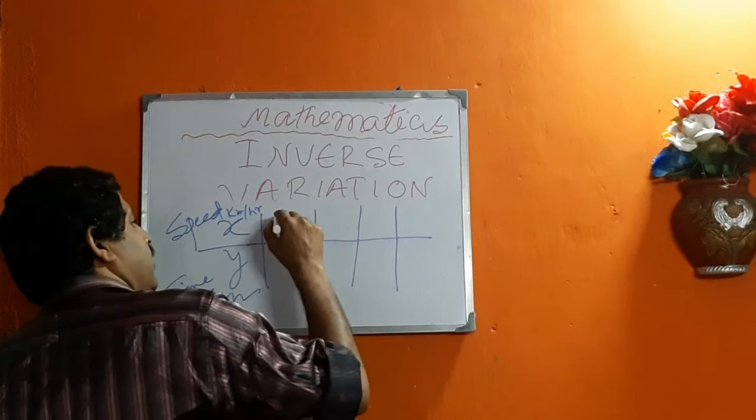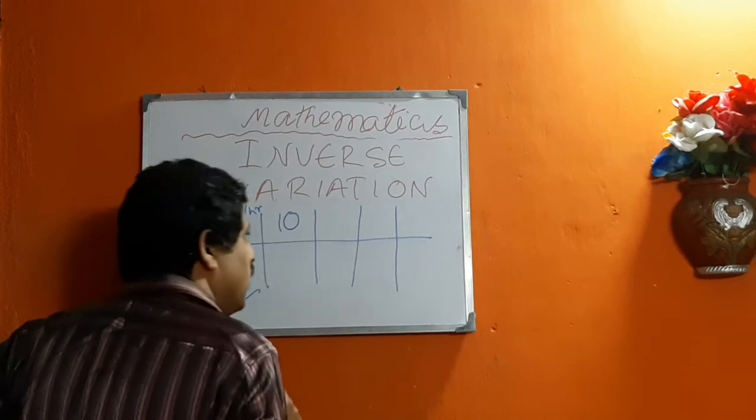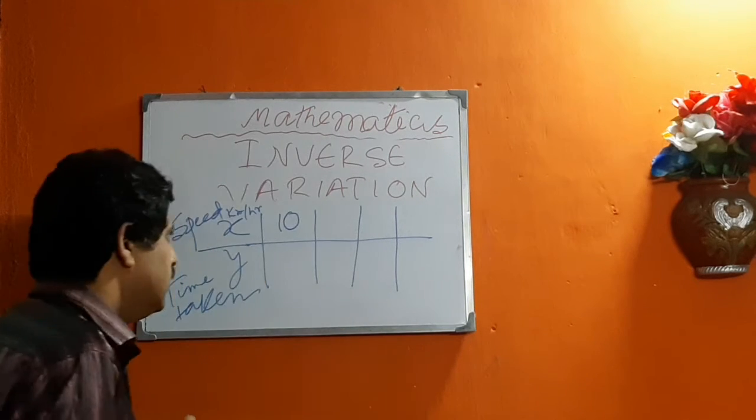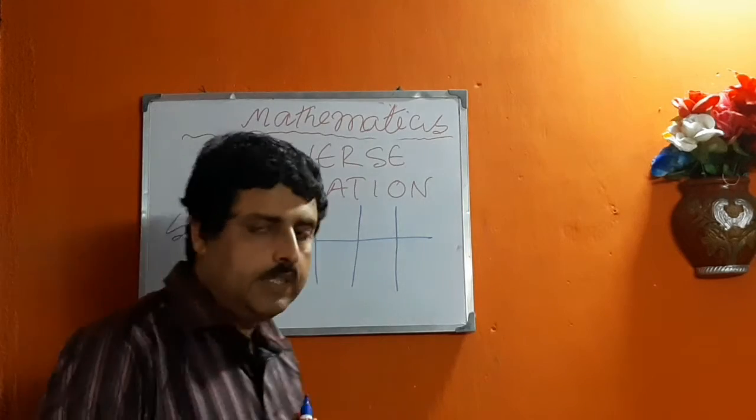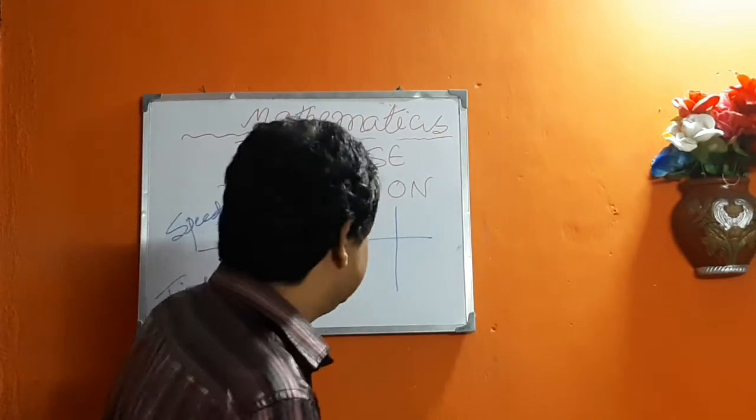Suppose the speed is 10 kilometers per hour to cover a distance. The distance remains constant, this fixed distance.